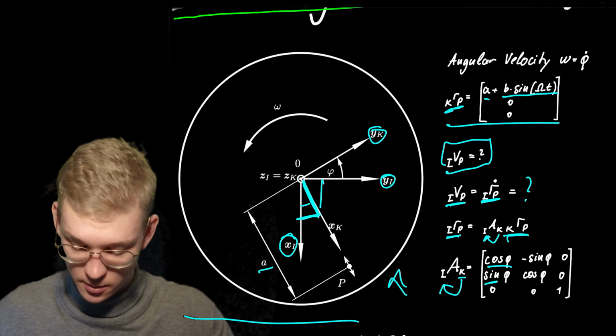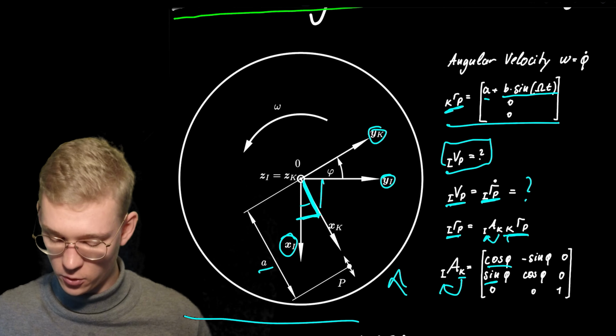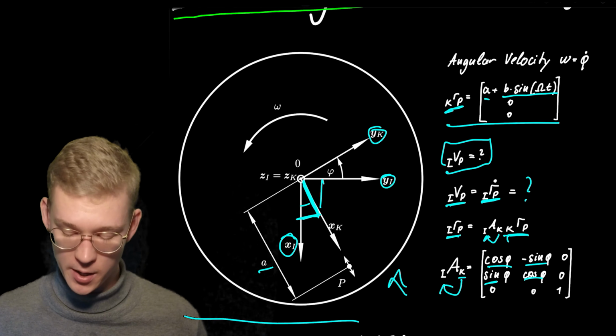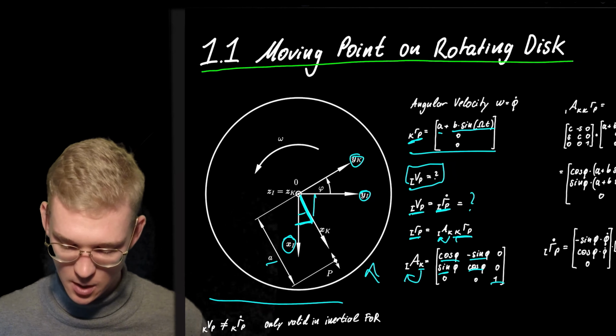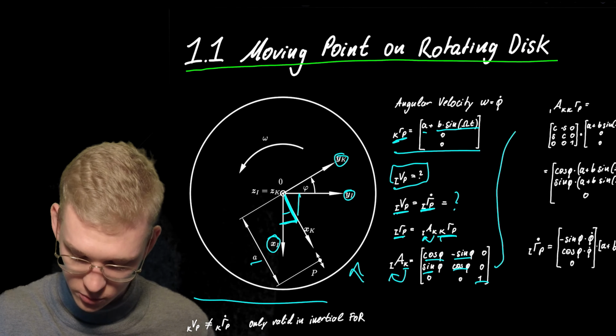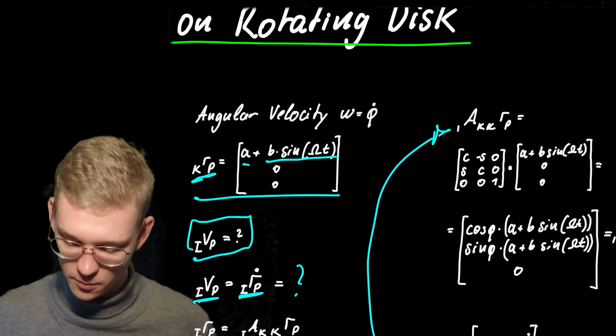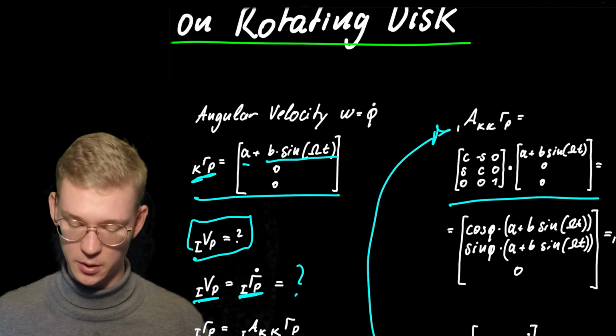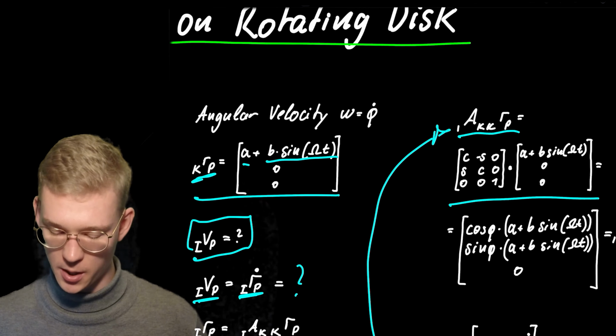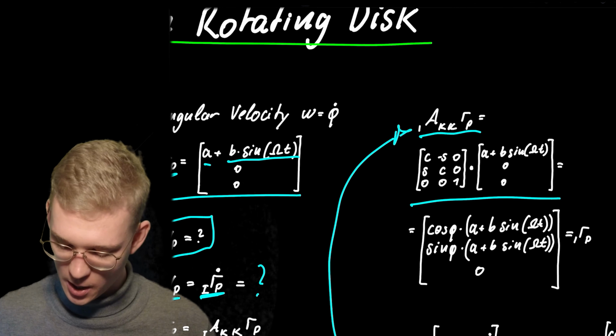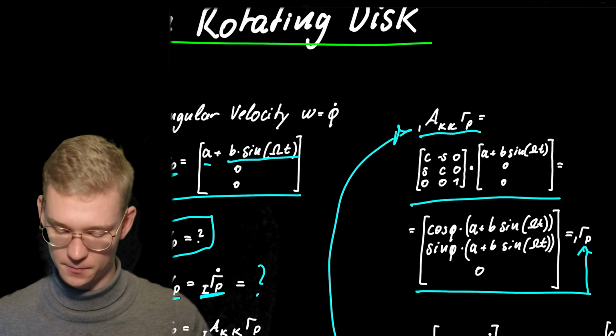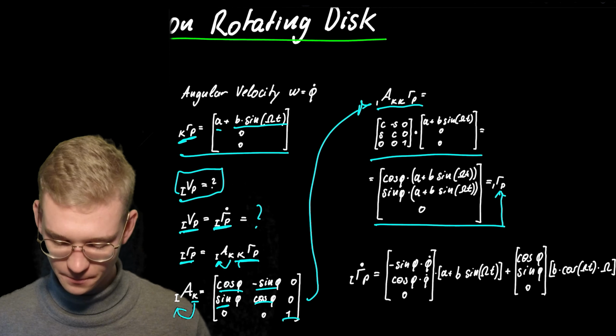In an analogous way, we get it for y, and nothing is happening in z because we are rotating around z. So now we know how to get our vector by a simple pre-multiplication. We have always to pre-multiply it. So we know our vector r in the inertial coordinate system.